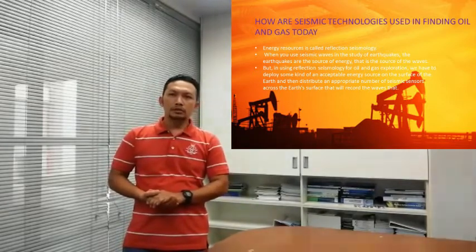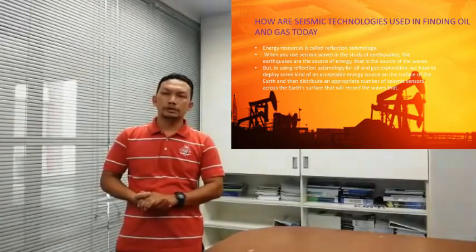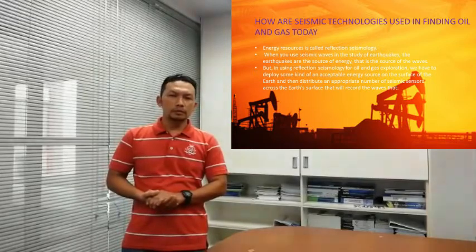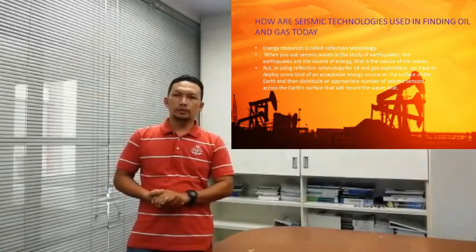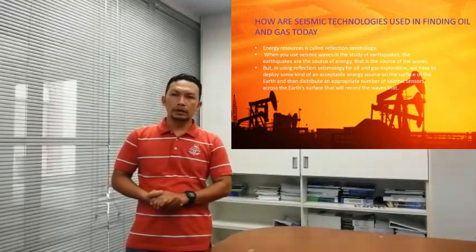But in using reflection seismology for oil and gas exploration, we have to deploy some kind of an acceptable energy source on the surface of the Earth and then distribute an appropriate number of seismic sensors across the Earth's surface that will record the waves that are reflected back.